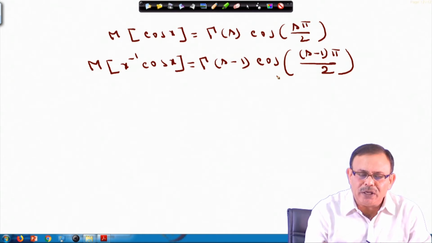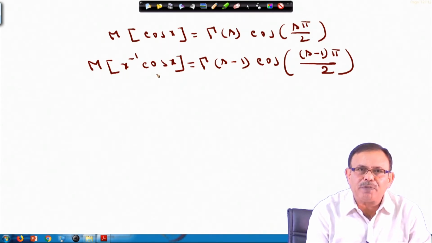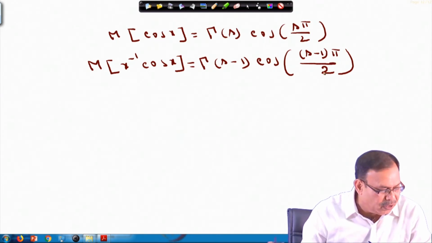In the same way, if I know the Mellin transform of cos x, then for the Mellin transform of x to the power minus 1 cos x, s will be replaced by s minus 1. So, the Mellin transform of x to the power minus 1 cos x equals gamma (s minus 1) into cos ((s minus 1) into pi by 2).